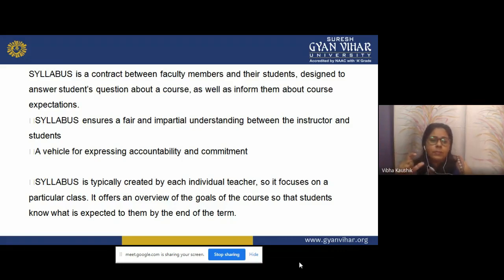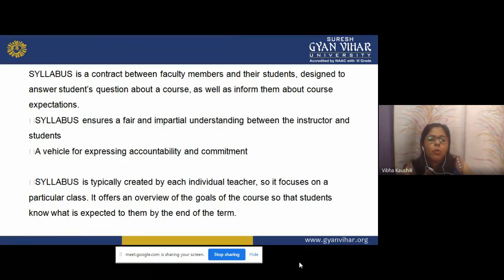Keeping in mind that grade and those students, he will prepare his individual syllabus.